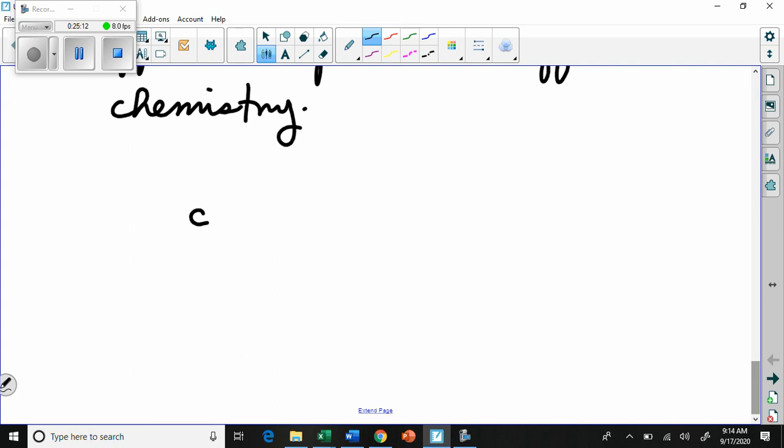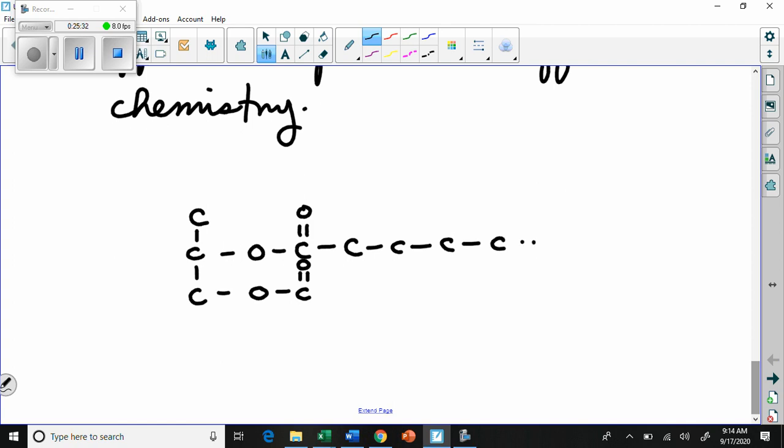So C, C, C. And then I'm going to draw in the bottom two. And we stick on two long chains, put the long chains in here, dot, dot, dot, and the end.